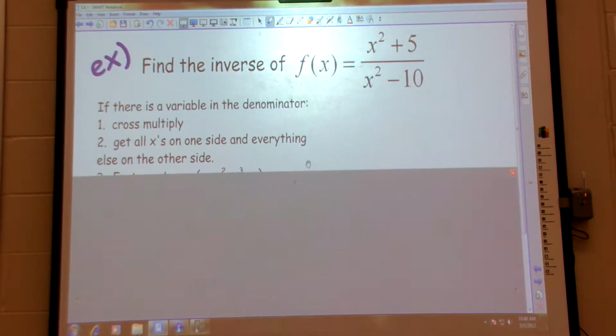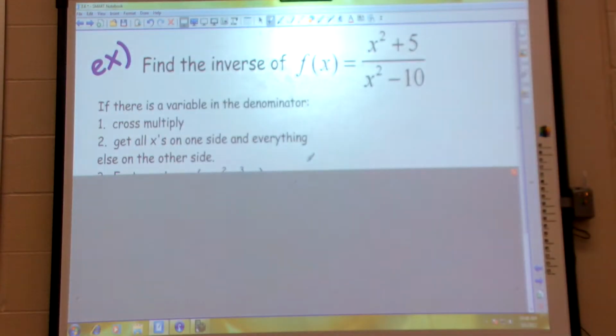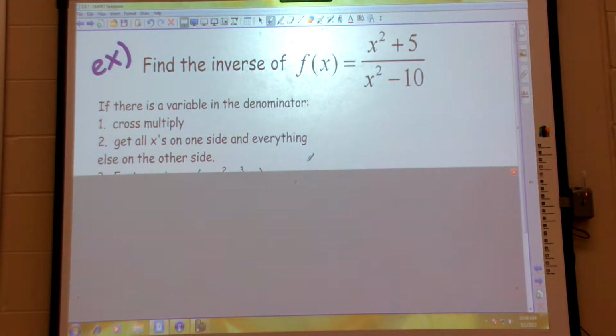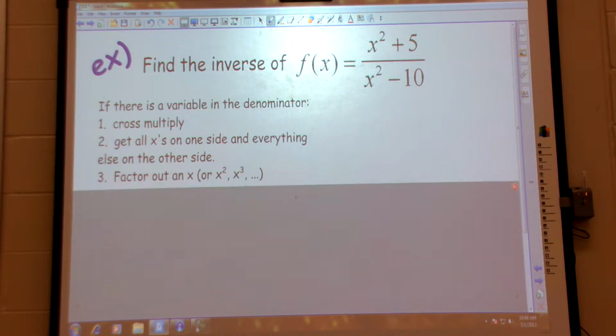This should start to sound familiar. So get all x's on one side, everything else on the other. Then what would I do? I'd factor out an x.